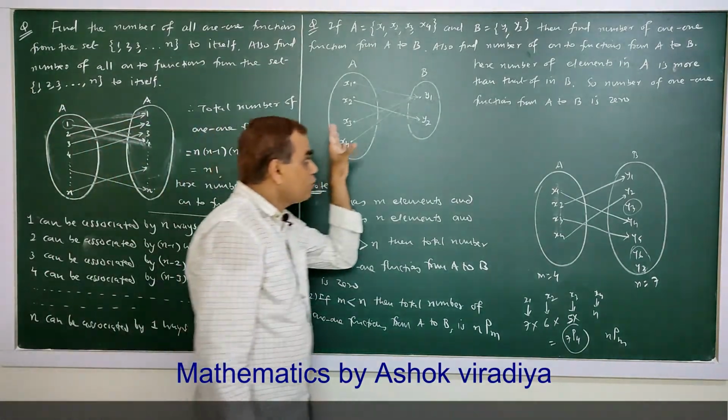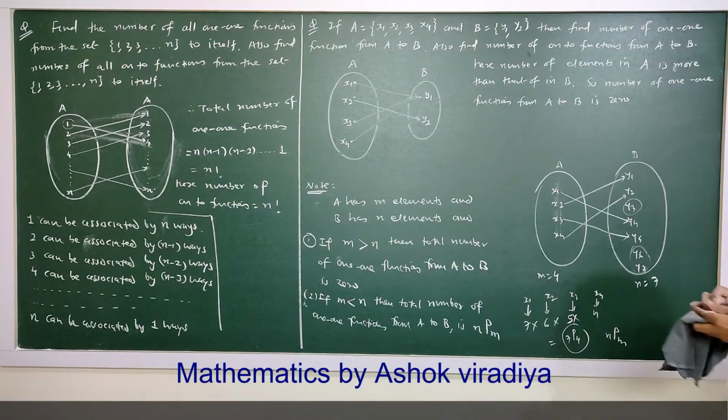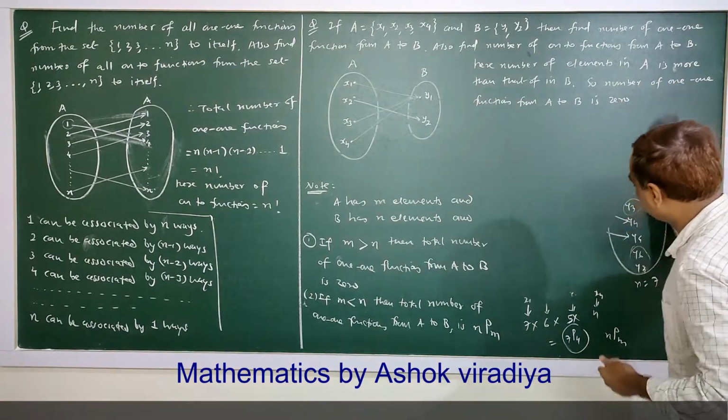Now we are talking about ontoness. In this question, how many onto functions are possible?